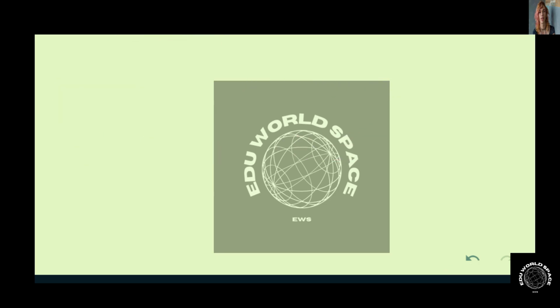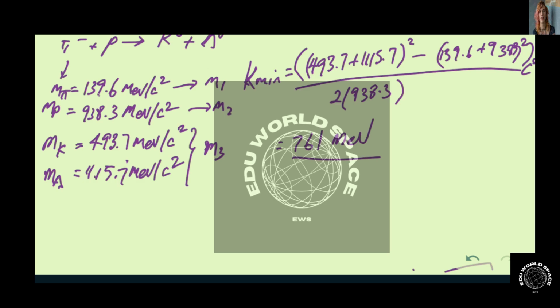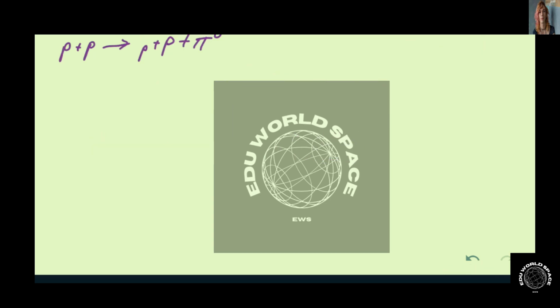For the third equation, we have two protons producing two protons and one neutral pion. So the pion mass is 139.6 still.